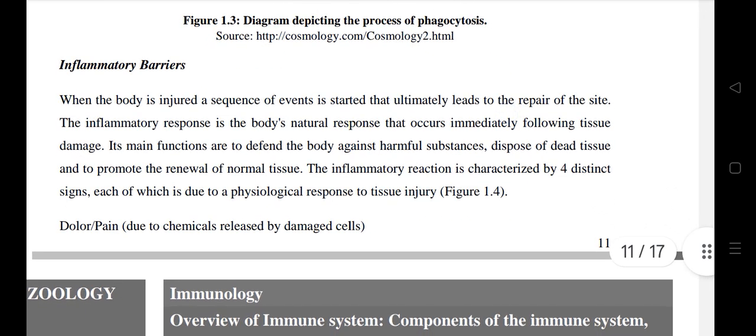Next is about inflammatory barriers. When the body is injured, a sequence of events is started that ultimately leads to the repair of the site. The inflammatory response is the body's natural response that occurs immediately following tissue damage. Its main functions are to defend the body against harmful substances, dispose of dead tissue, and to promote the renewal of normal tissue. The inflammatory reaction is characterized by four distinct signs, each of which is due to a physiological response to tissue injury.